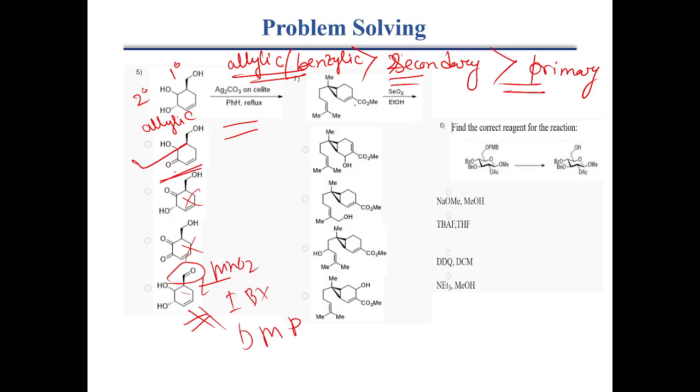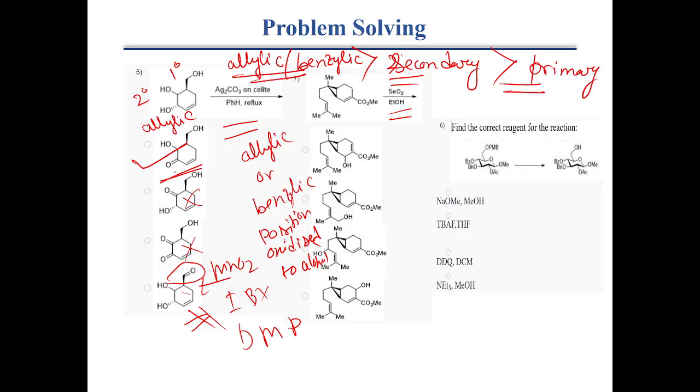So in these cases, selenium dioxide and ethanol condition. What happens is that in presence of selenium dioxide, we all know the allylic or benzylic position is oxidized to alcohol.